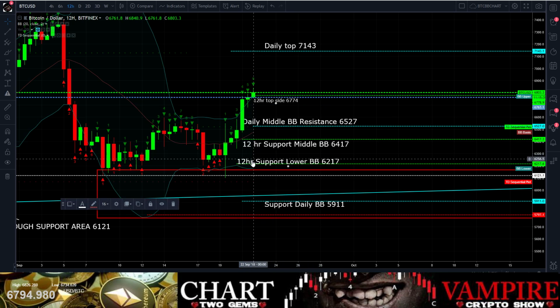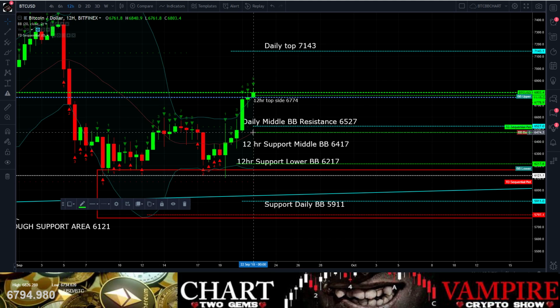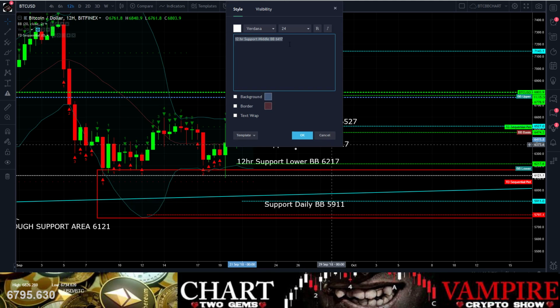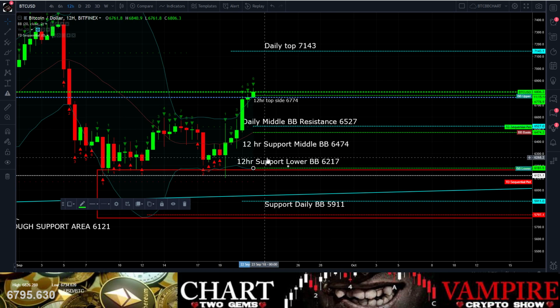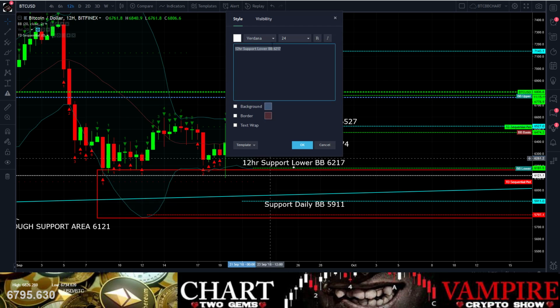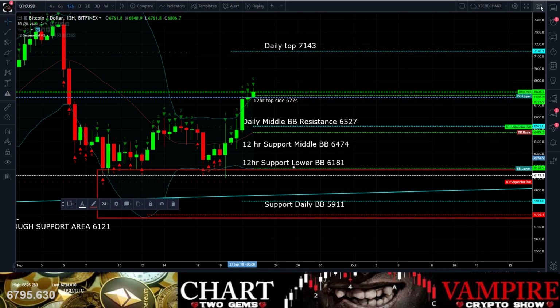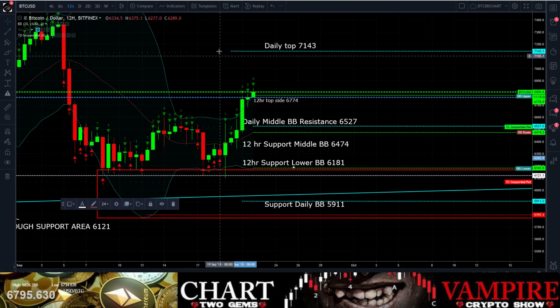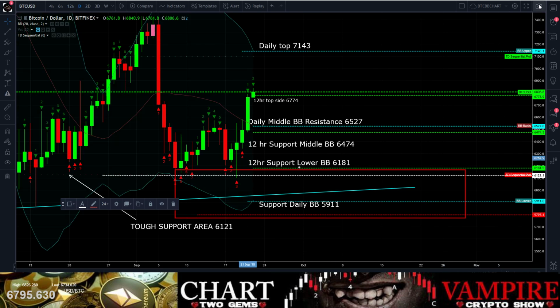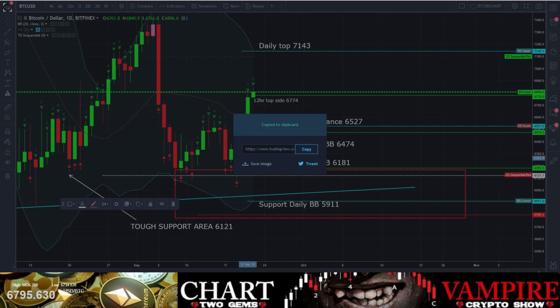Here we are, and our midline is now at 64.74. So that's good, there's our support right there. 64.74 is pretty heavy support, and our 12 line is kind of flatlined right there. 61.81, man, there's a line. If this thing gets legs, this thing is gone.